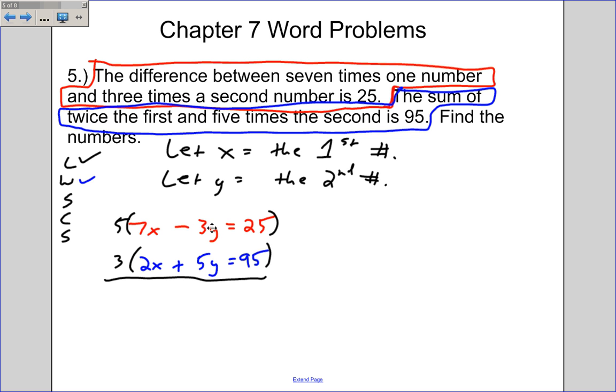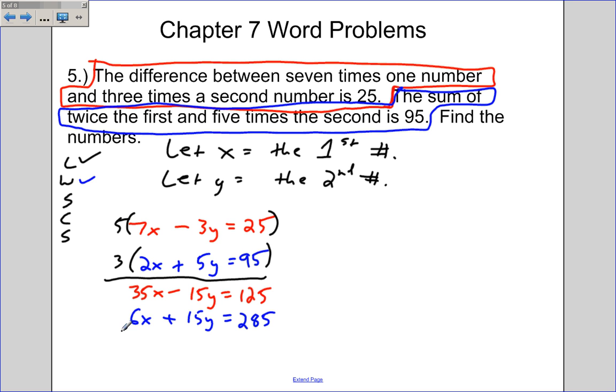That way I'm going to get a negative 15y and a positive 15y, and I can add those out. They're going to add to 0. So 35x minus 15y equals 125. And the bottom line, 6x plus 15y equals, let's see, 15 plus 270, 285.